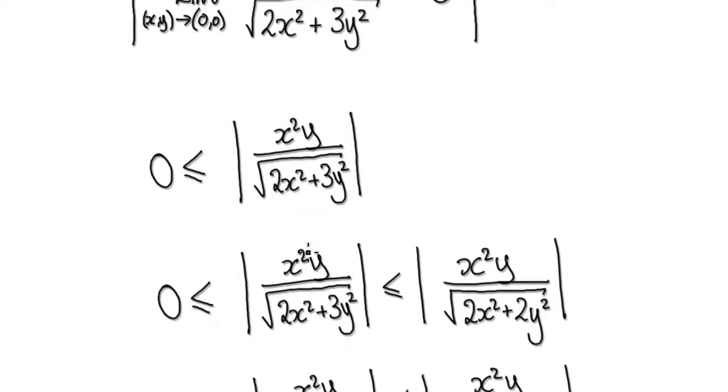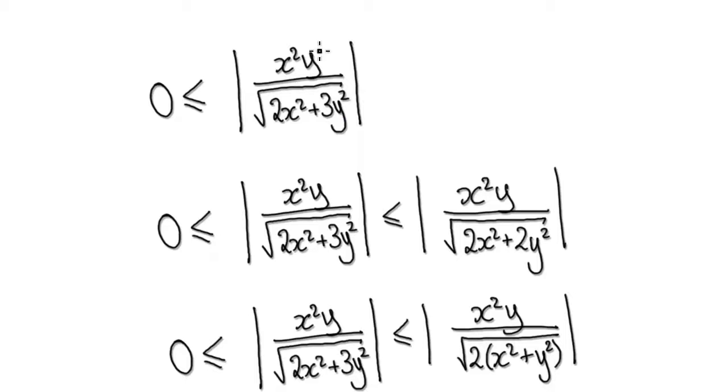So we are currently looking at this fraction. If we can make the denominator smaller, then the whole fraction would be bigger. So if I turn this 3 into a 2, then the denominator will be smaller.